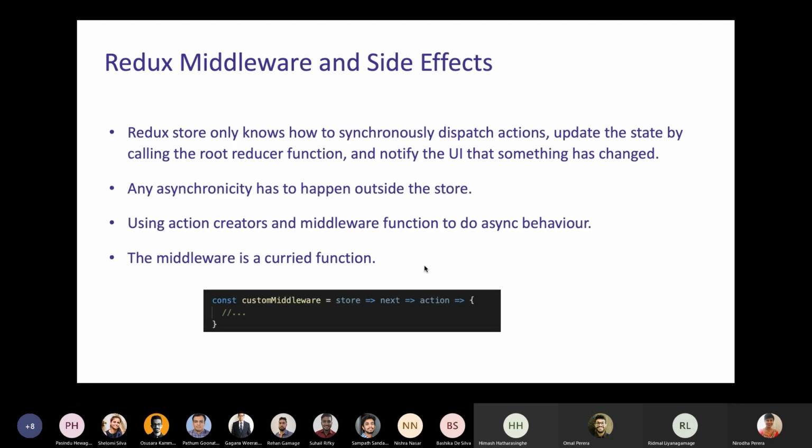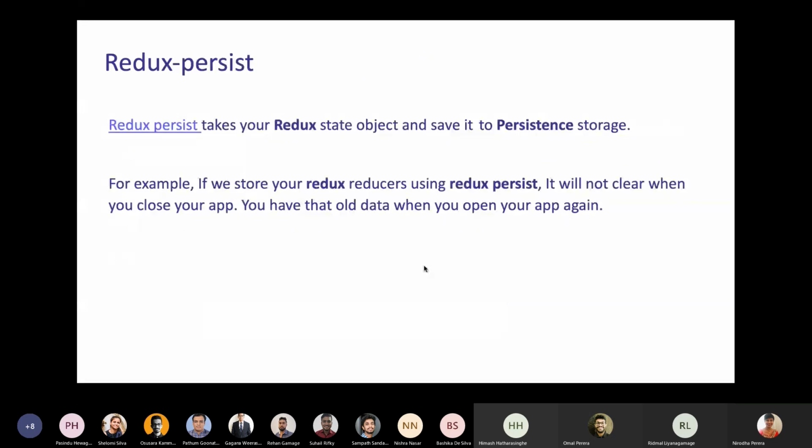Next, another thing that you should look into is Redux persist. I'll give a small introduction on this. Redux persist takes your Redux state and persists it in the local storage. Basically, if you close the application and reopen it, the stored state will be gone.